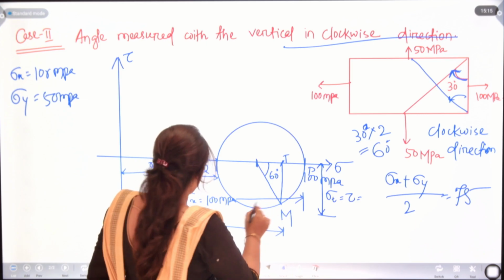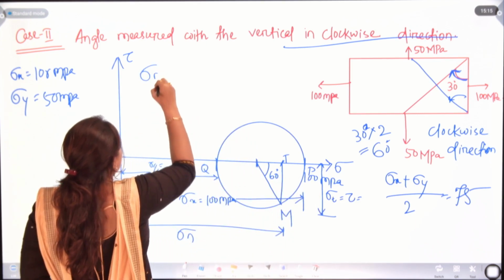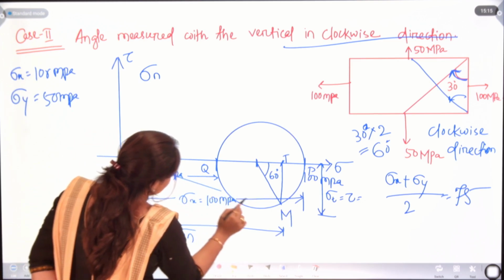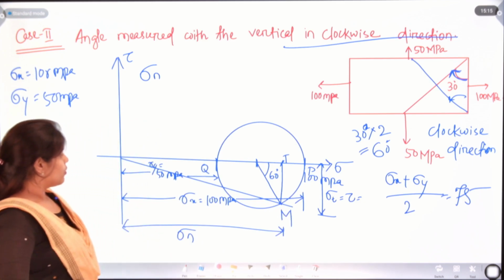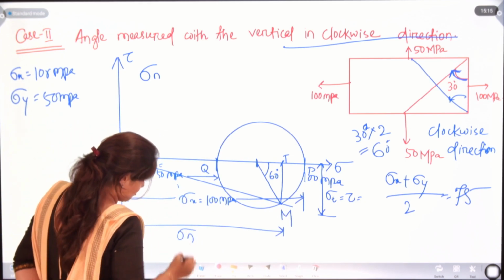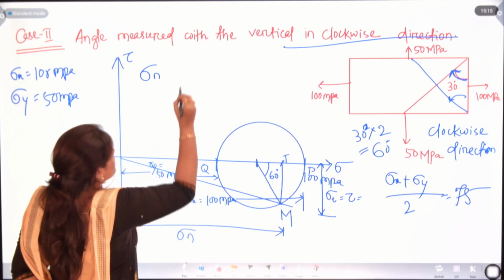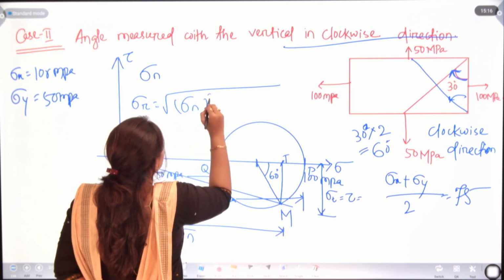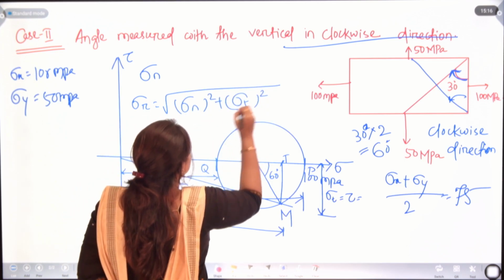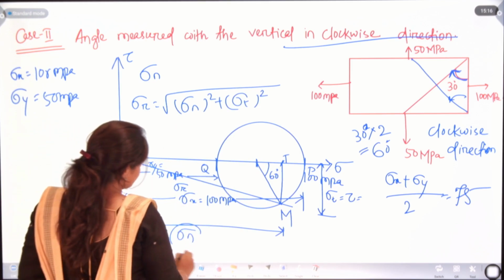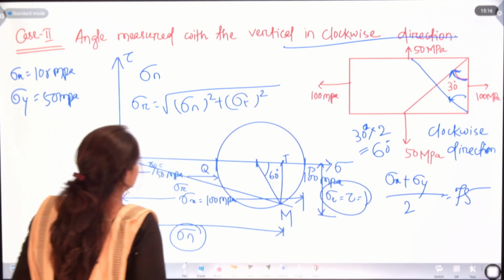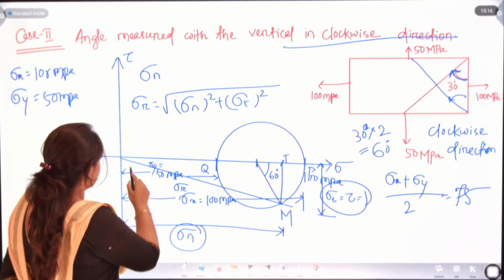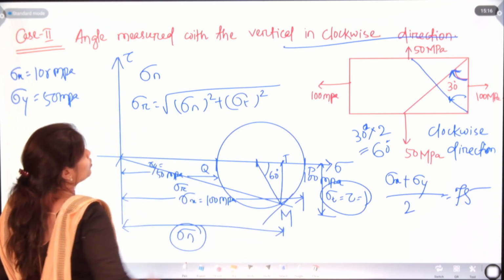So we have sigma n and sigma t. By that, we will have the resultant stress from this direction, like this. Here we have sigma r. Sigma r is root over of sigma n square plus sigma t square. Now let us put in the values. Sigma n and sigma t we already have. Let us put them in, and we can recheck by cross-checking this distance with this.